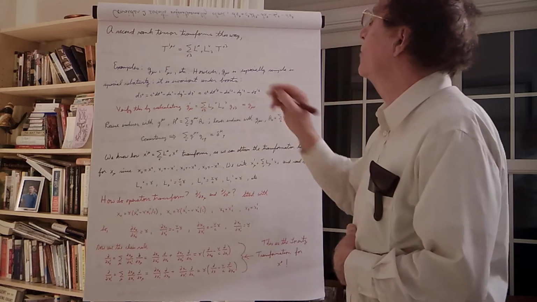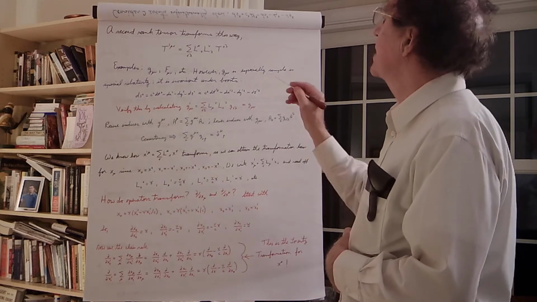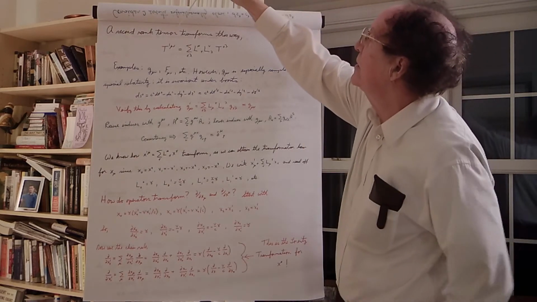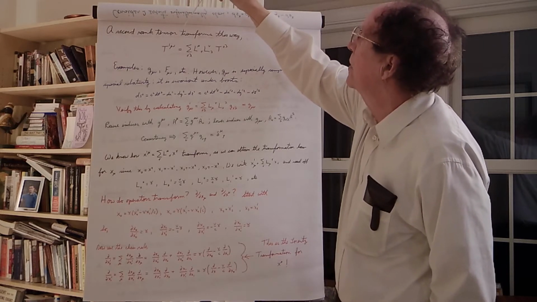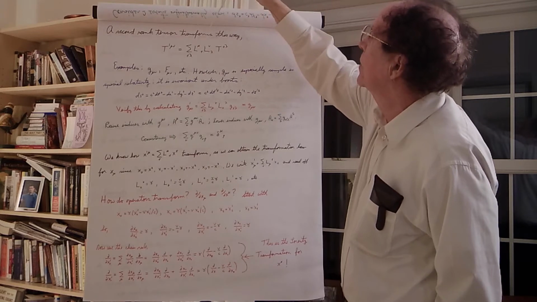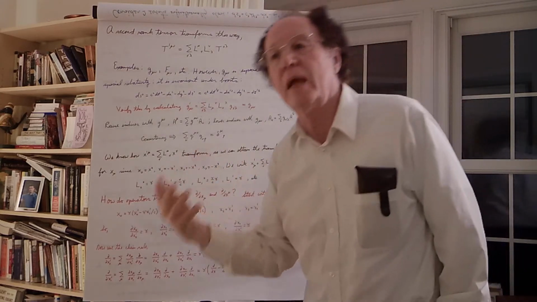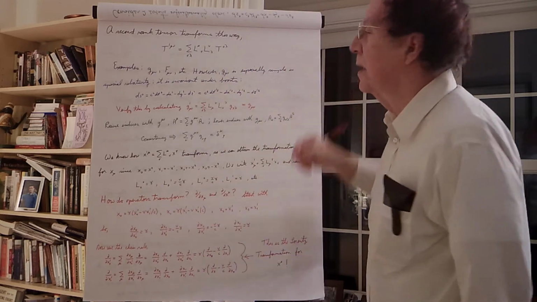The upper indices, the contravariant indices, match on both sides. Mu and nu are fixed, and the other indices, sigma and lambda, are summed over. That's to make the matrix product.